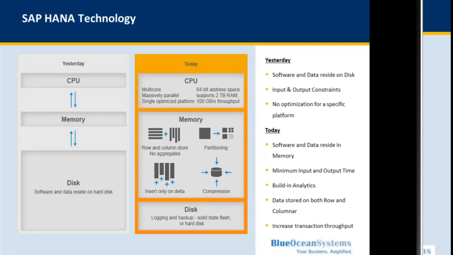With SAP HANA, you still have a hard disk space, but it's not the main component or the main part of the whole HANA solution. The disk space is required for logging and for backups. The main part of it is all data resides in memory.